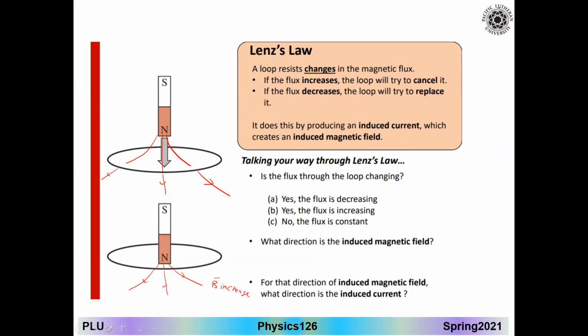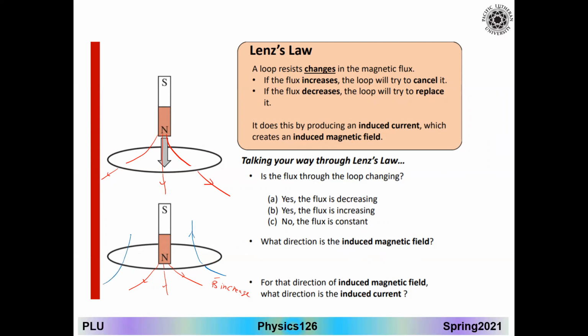So based on Lenz's law, when we have the flux increase, as here the flux increases as well, the loop will generate an induced magnetic field to try to resist that increase. So the induced magnetic field will resist that increase by generating a magnetic field pointing in the opposite direction.